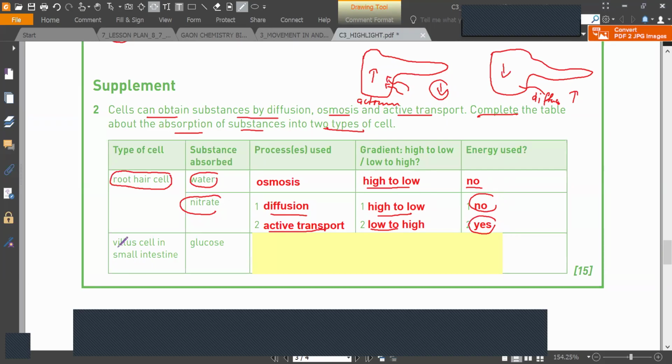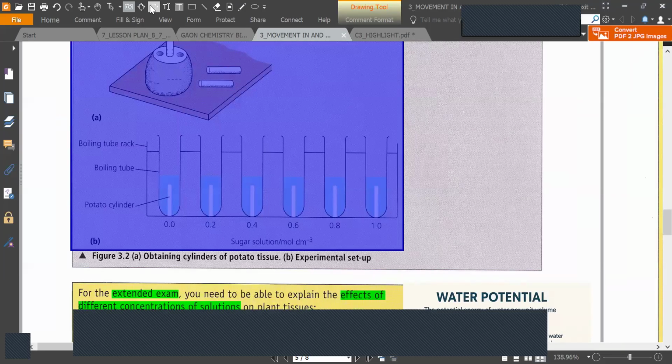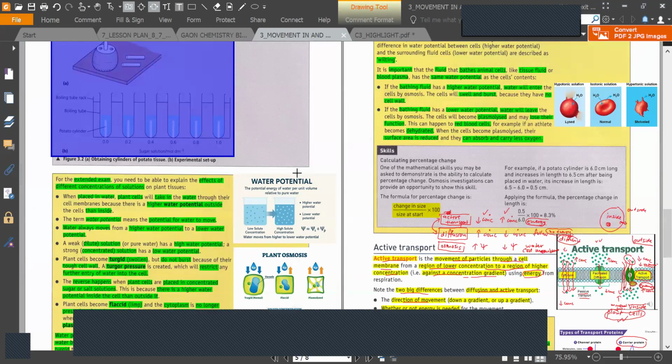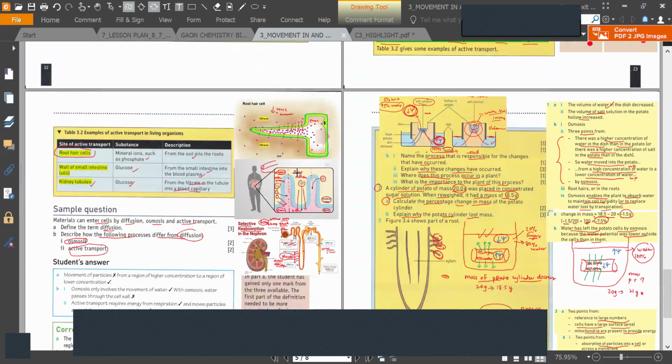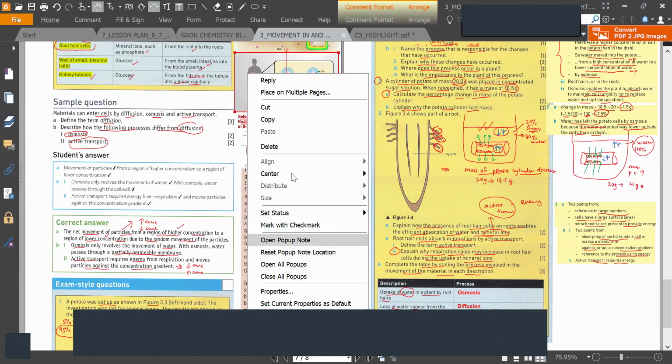Next, the cell in the small intestine. As what we mentioned just now in the notes, yes, this situation.